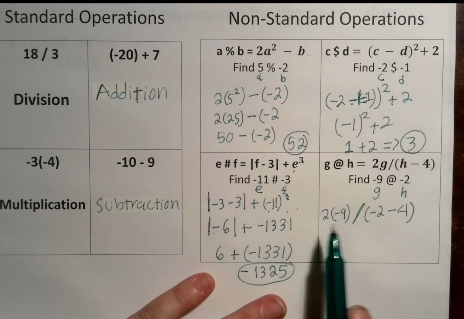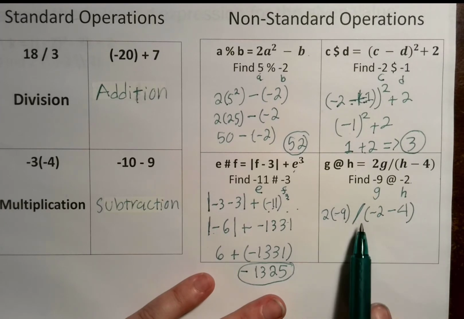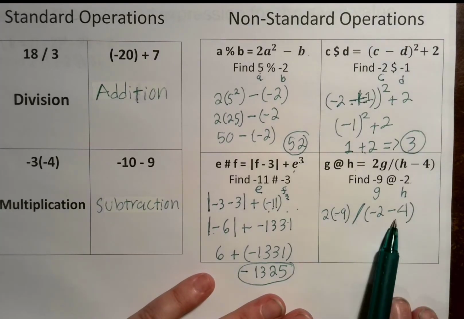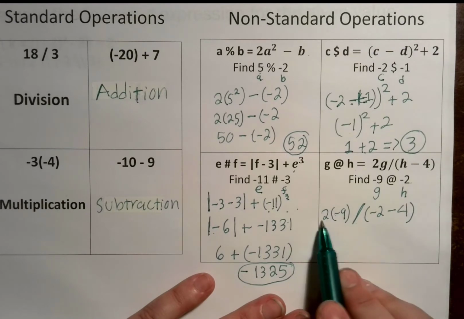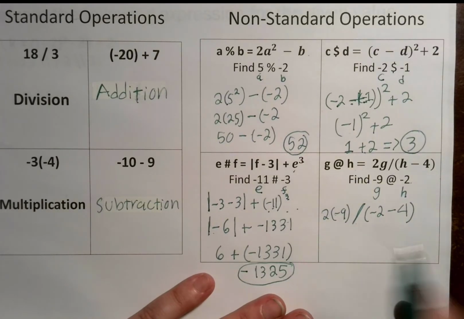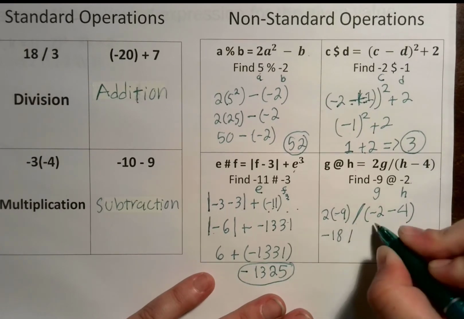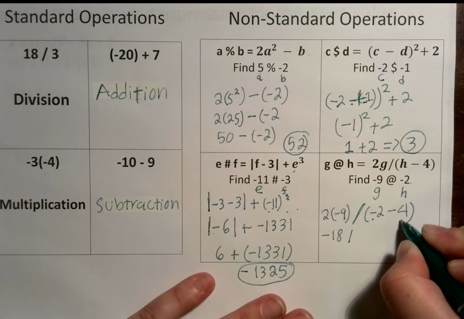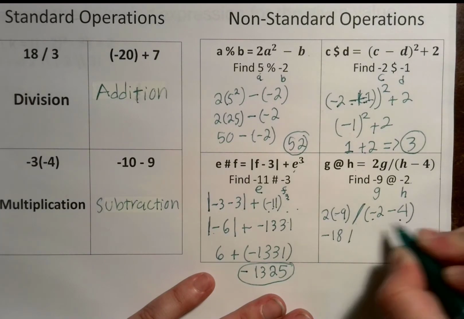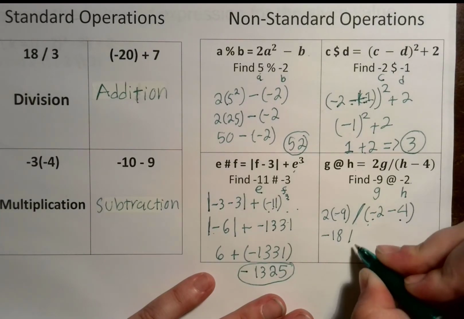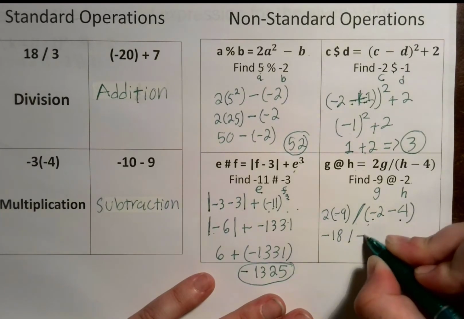Remembering that division is the same thing as a fraction, so we're going to simplify the numerator, then simplify the denominator. 2 times a negative 9 is a negative 18. We're going to do negative 2 minus 4, which is a negative 6.